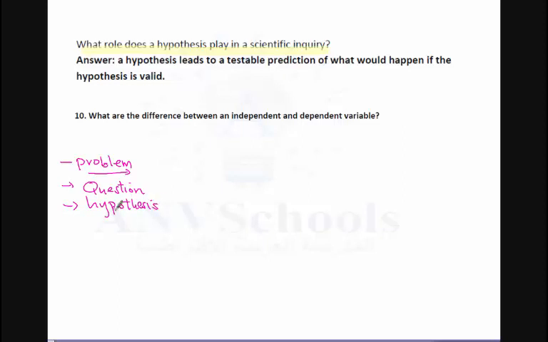A hypothesis, as we saw earlier, is a statement giving a proposition of what could really have happened. So the answer here would be: a hypothesis leads to a testable prediction of what would happen if the hypothesis was really valid.